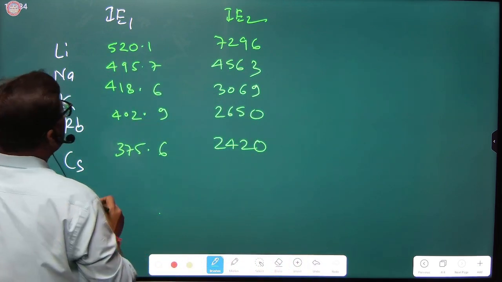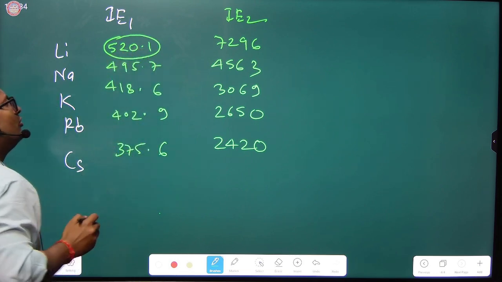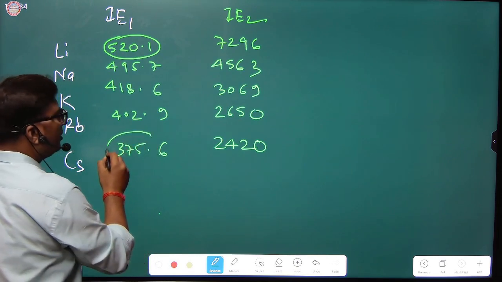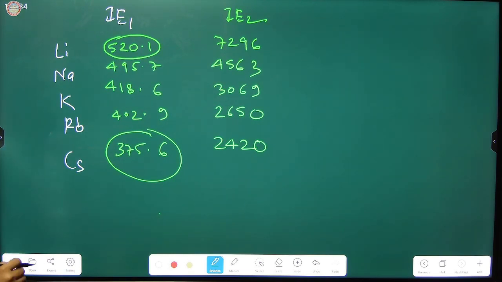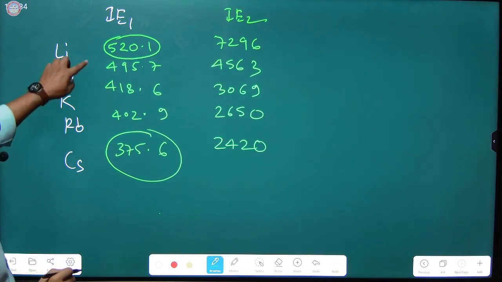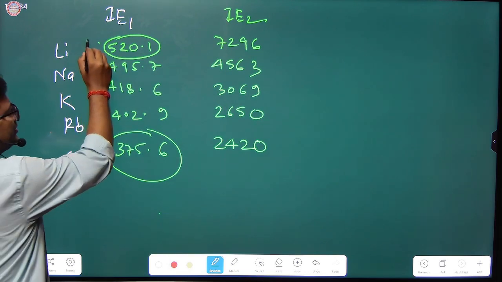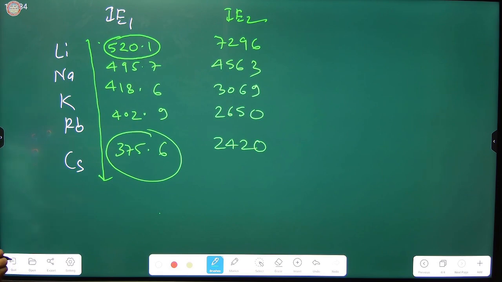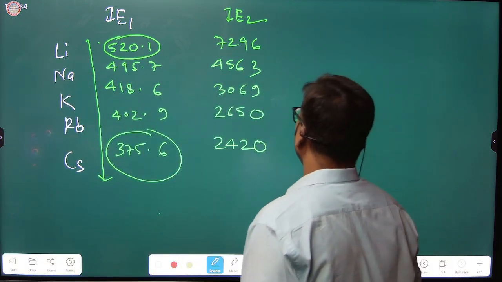In the case of lithium, it is only 520 kilojoule per mole, and in the case of cesium, it is 375.6 kilojoule per mole. So the first ionization energy decreases down this alkali metal group. What about the second ionization energy?